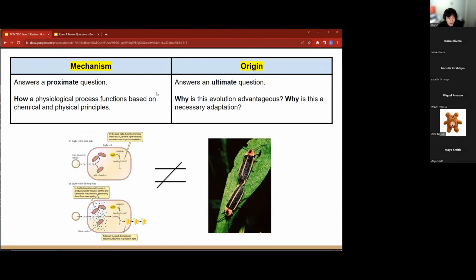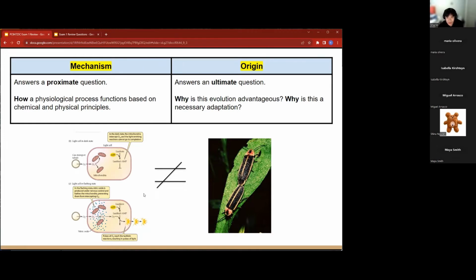For example, if we ask a proximate question about those insects that produce light at night, we would simply need to know that we have this protein luciferin and then ATP. You use ATP to attach an AMP on it, and then you're able to produce light that way. So that would be an example of a mechanistic or proximate question.